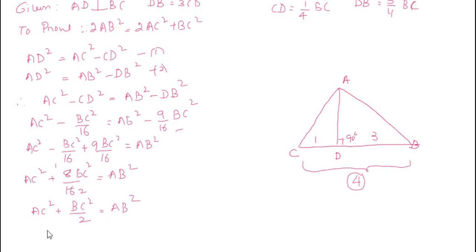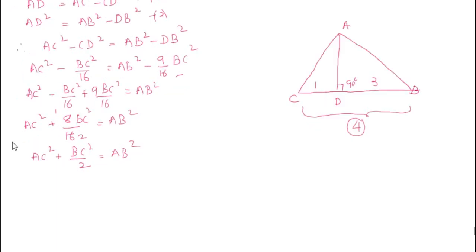Now having the LCM here, 2AC square plus BC square divided by 2 equal to AB square. Now taking 2 to the right side, cross multiplying, therefore 2AC square plus BC square is equal to 2AB square.